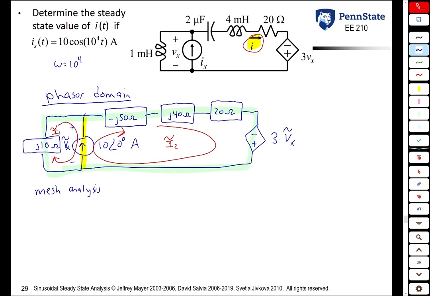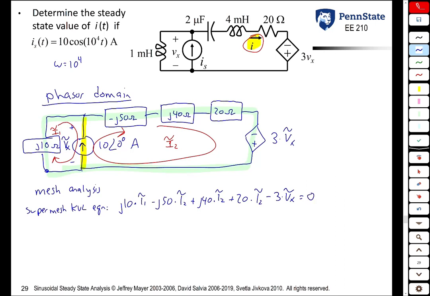So our supermesh KVL equation is what? Starting down here, we get J10 times I1 tilde minus J50 times I2 tilde plus J40 times I2 tilde plus 20 times I2 tilde minus 3Vx tilde is equal to 0.